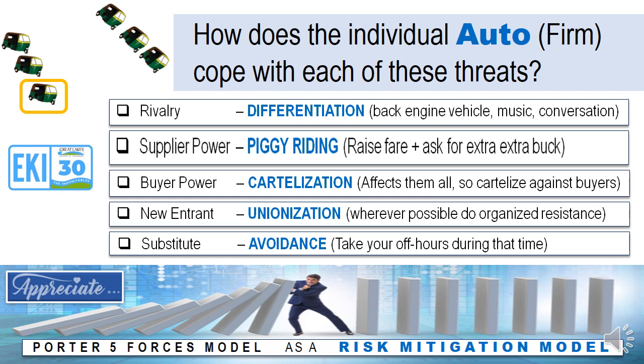And by the time it is 3:30 and the train is another half an hour away, I go home, take my lunch, and do a nice afternoon siesta. So by the time I wake up, I have avoided the critical timing in which the train comes. So avoidance is a good enough way to counter the threat of substitutes.